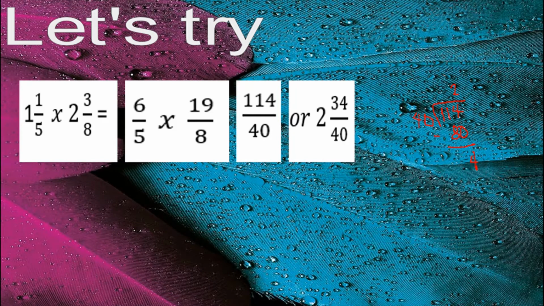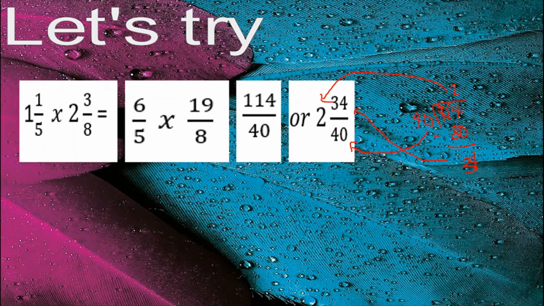1 minus 8, that cannot be, so we're going to borrow 1. And the answer for this one, 114 minus 80, is 34. So to change this into a mixed number, 2 will become our whole number, 40 will be our denominator, and 34 will be our numerator.